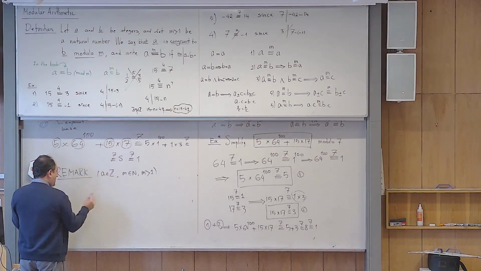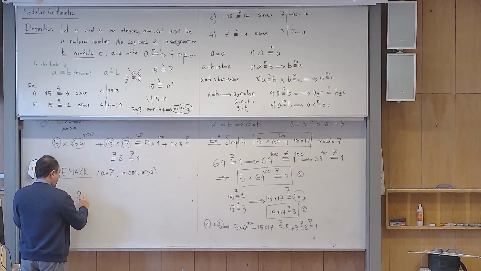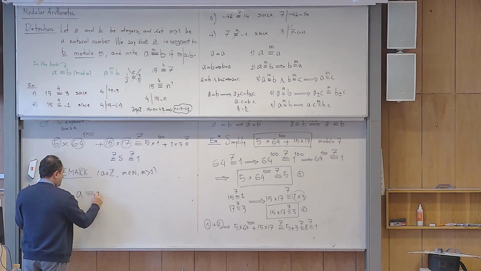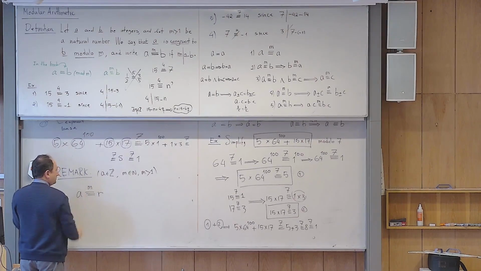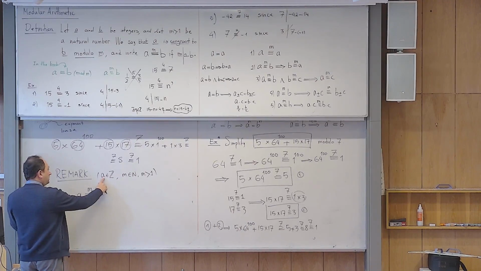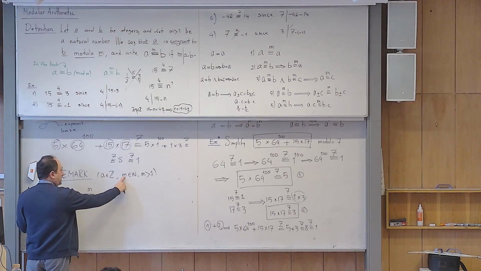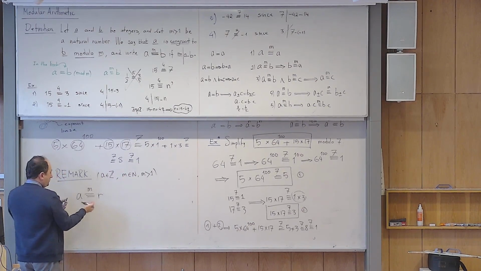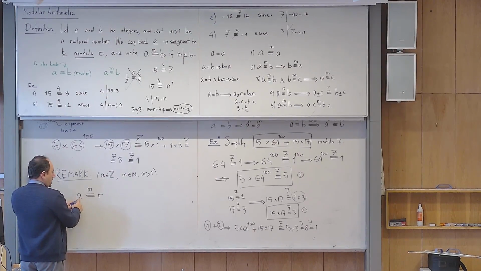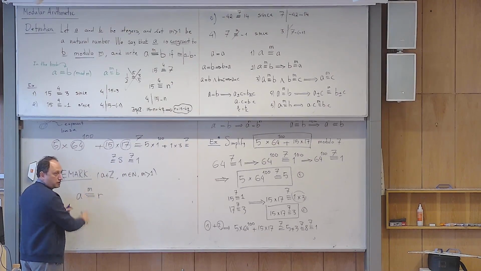Somehow you understood that a is congruent to r modulo m. Okay? So I give you a number a, I give you a number m for the modulus, and by investigation you realize this number given to you has another name r when you are working modulo m.